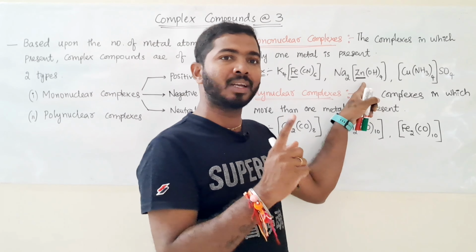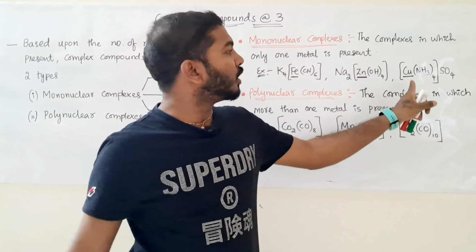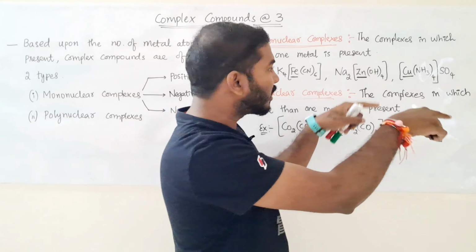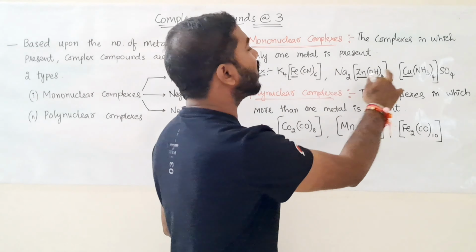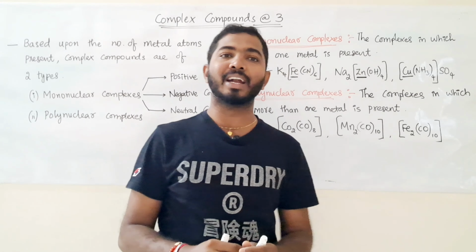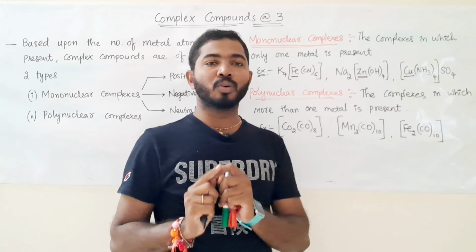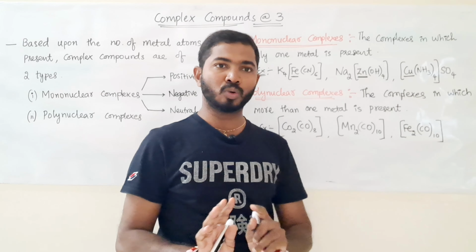Even in the other example, copper, inside the coordination sphere we have only one copper atom. So in all these three complexes, we see only one metal atom inside the sphere, so we call them mononuclear complexes. Hope it is clear, no doubts, right?